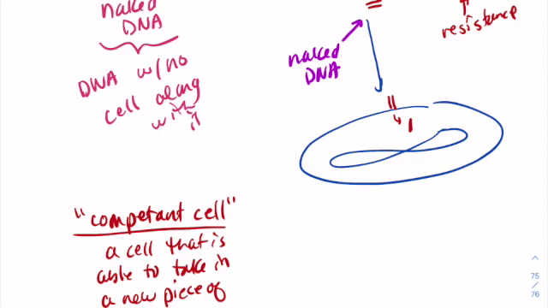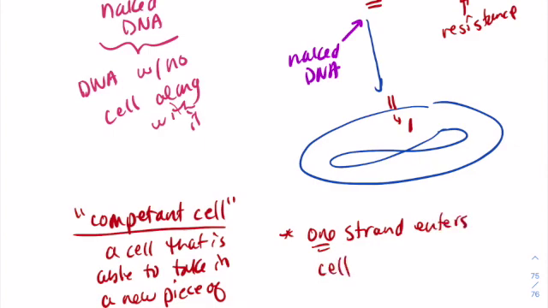Actually, we can do that in the laboratory by adding calcium chloride salt to it, for example. But only one strand enters the cell. Not both. One strand enters the cell.